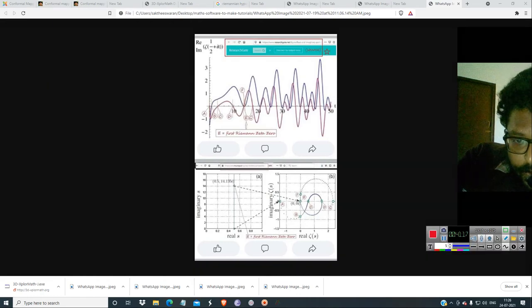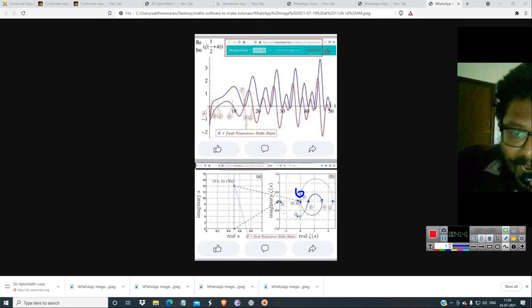Some zeros are even upon the curve, and some zeros are on the real axis line. So this is 0.5 plus 14.135i. We have to calculate that, and we have to find the zeros exactly on that curve.